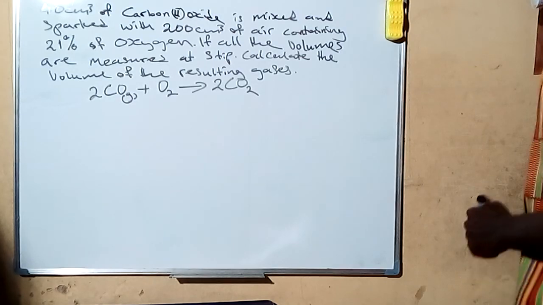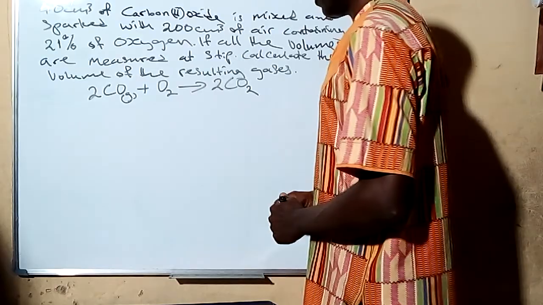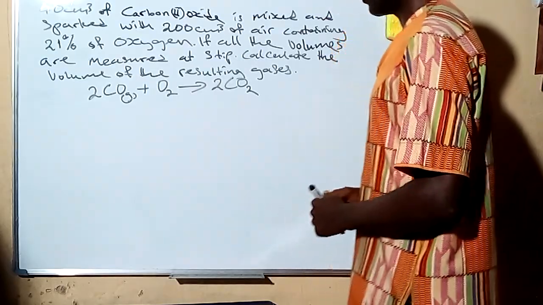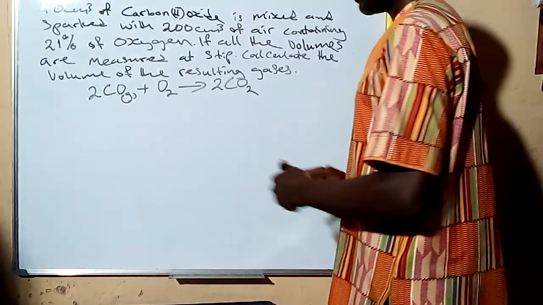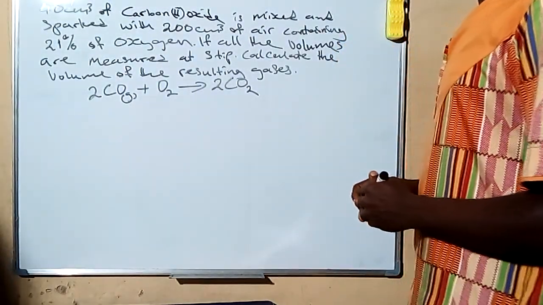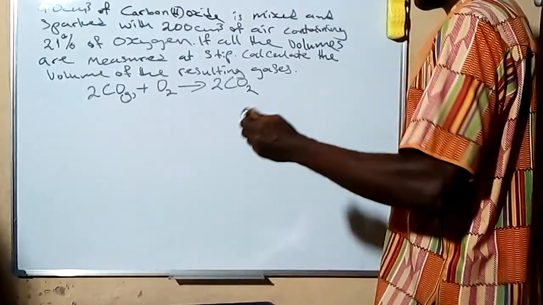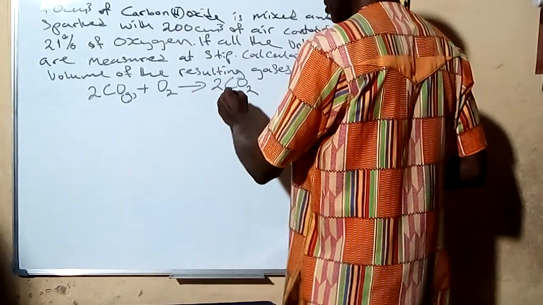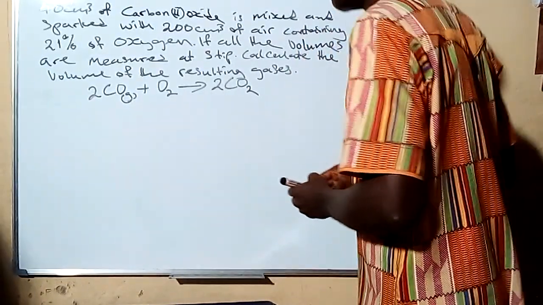So here we have the chemical equation for us. It's already given to us and we are to calculate. The question says we should calculate the resulting gases, that is the gases that remain after the chemical reaction. So here now, what we are going to do is to consider their relationship from the chemical equation that we have here.